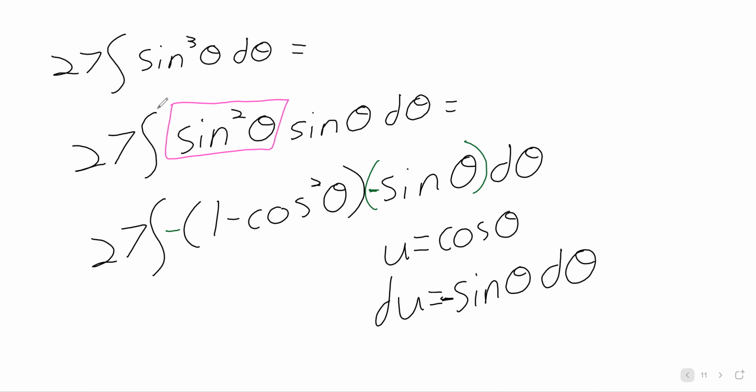So negative 27, and then I'm going to turn to U, 1 minus U squared, dU.